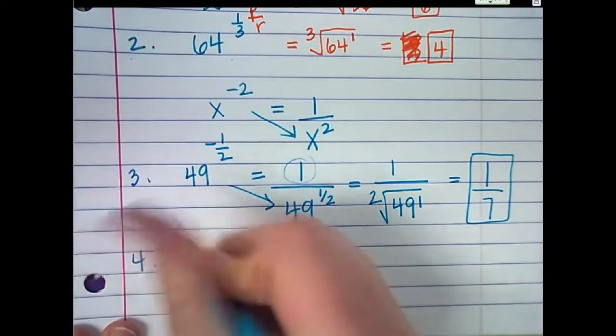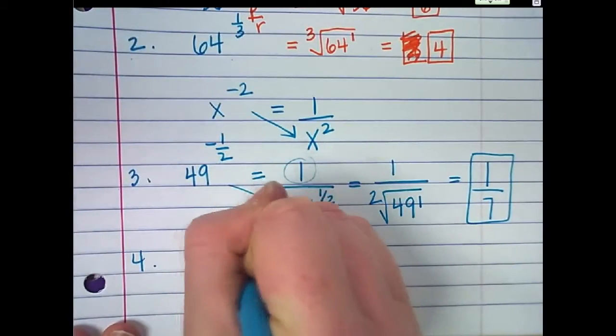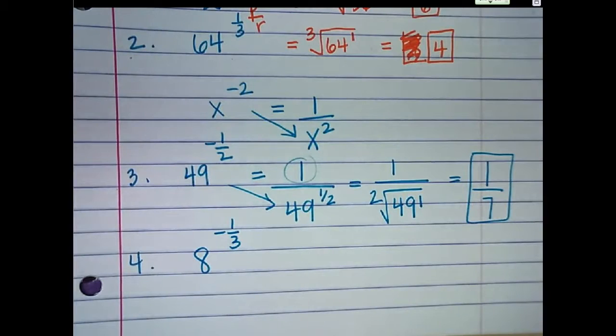Number 4, 8 to the negative 1/3. Try it. Anytime you have a negative exponent, make it positive first, then change your radicals.